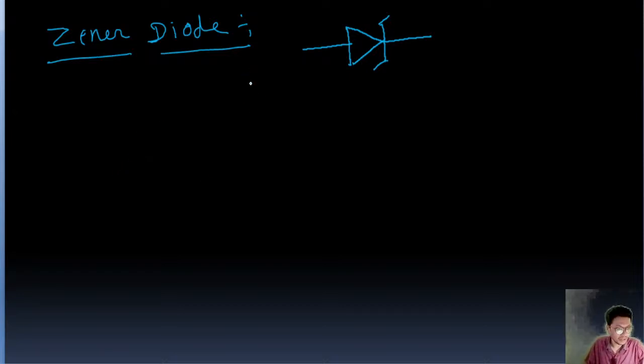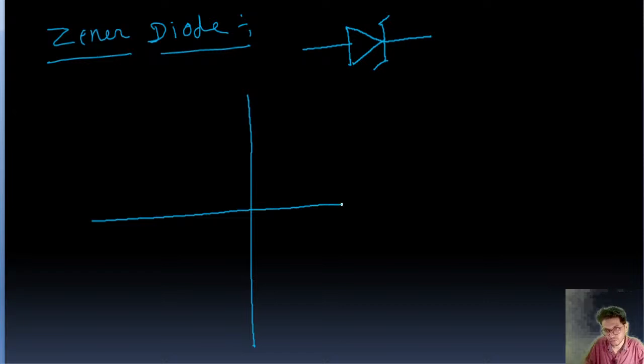So if we draw the graph for the Zener diode, it is going to be like this. In the forward bias region, the current will increase like a normal diode.